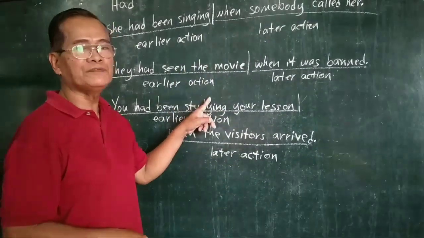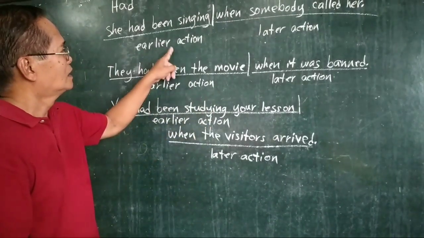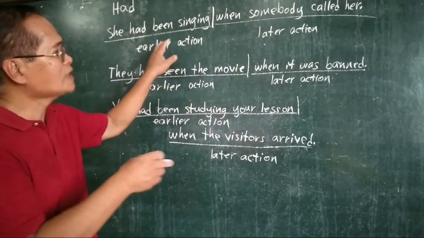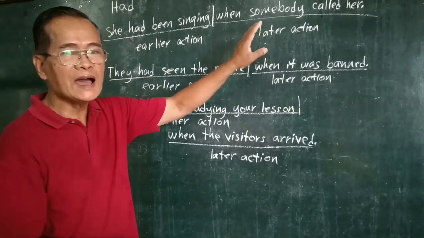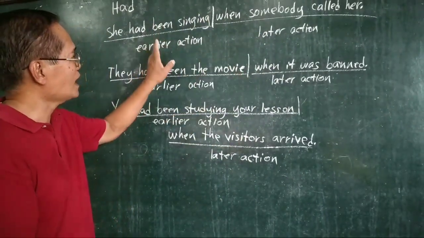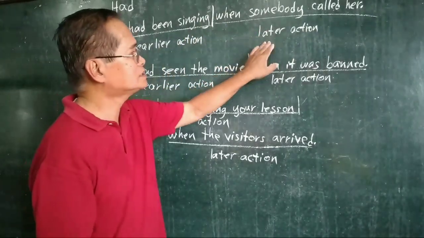Dito naman sa past perfect tense, ang gamit ng had ay action na nangyari nakalipas at sinundan ng pangalawang action na nangyari din noong nakaraan. Although, yung unang action ay earlier at yung pangalawang action naman ay later action.